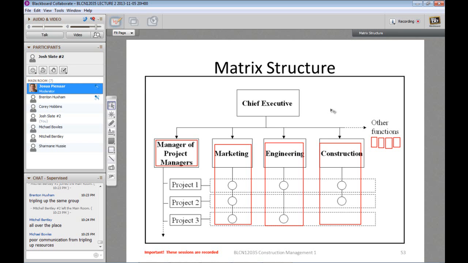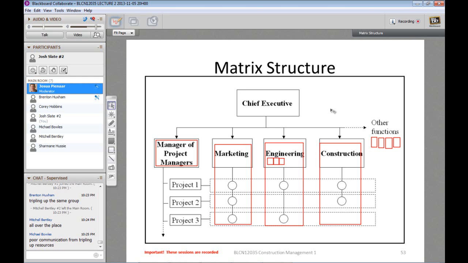Because when you're on a construction project, you do need more of the autocratic approach. The construction project manager needs to control everyone in his team, and they need to be reporting to him first and foremost before anyone else. All right, so there we go. That's a good approach.